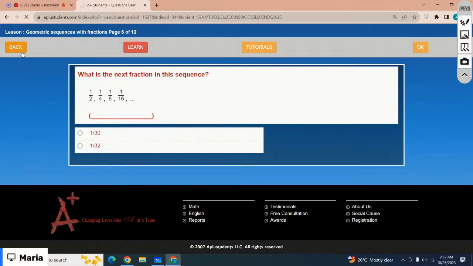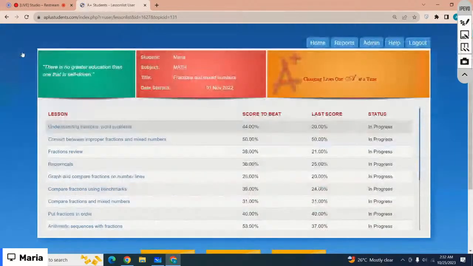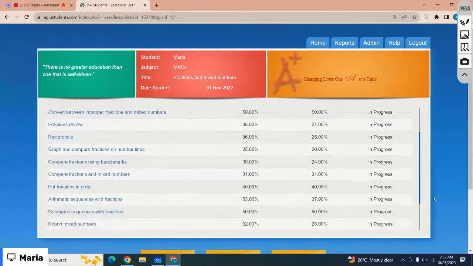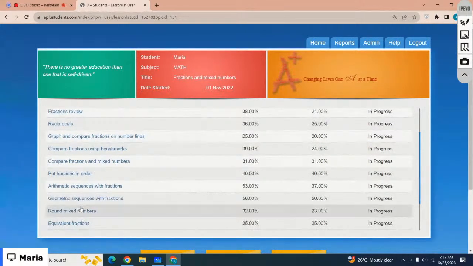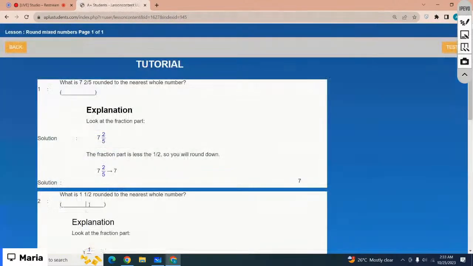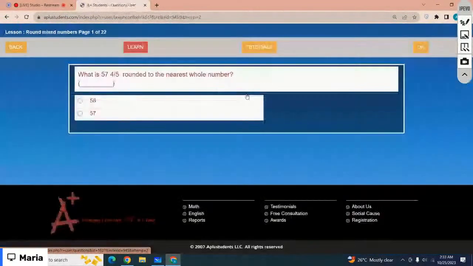The next lesson is, yes, you are so smart. Round mixed numbers. Okay, let's just start with the test questions. Okay, what is 57 whole 4 over 5 rounded to the nearest whole number? So, which is the correct option?